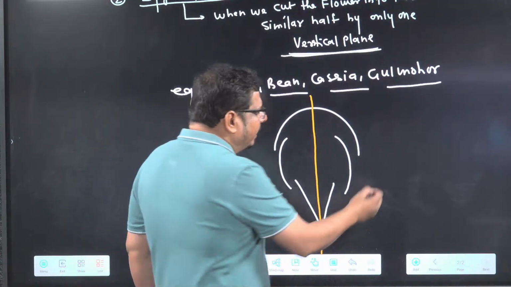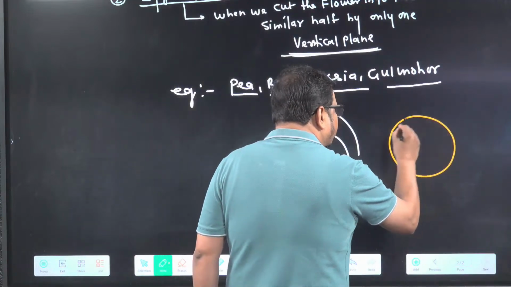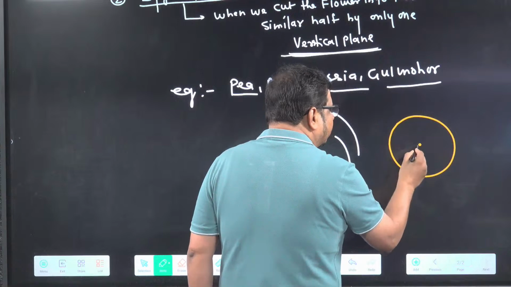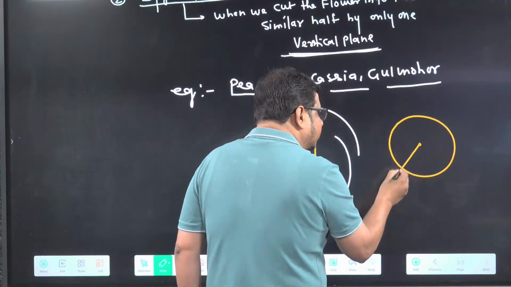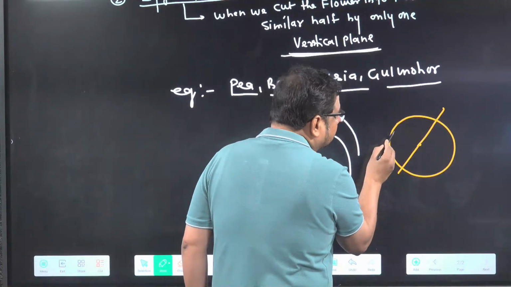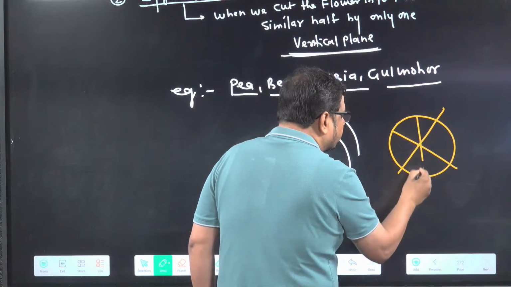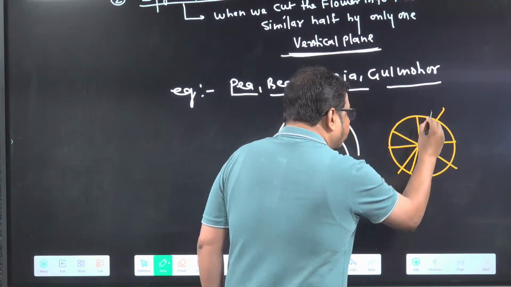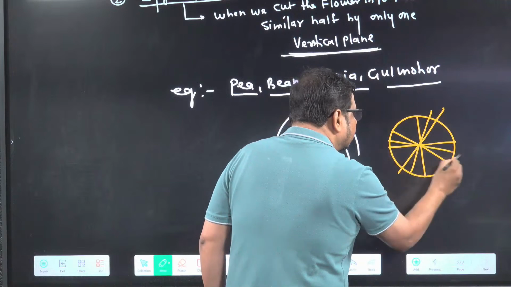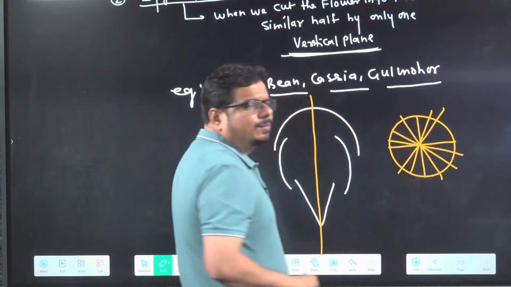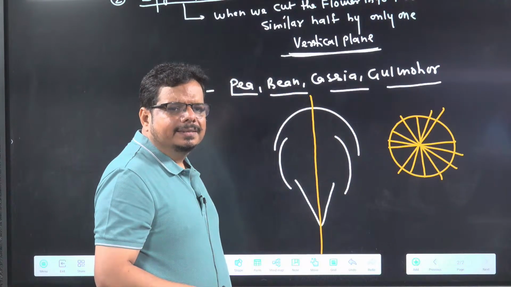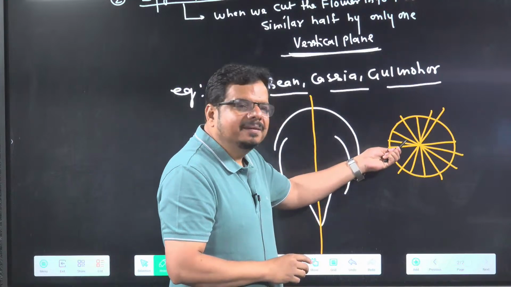Vertical plane. What is a radial plane? Look here. Here is the center, and I am cutting like this. This is called which plane? Radial plane. Understanding the idea? This is which plane?